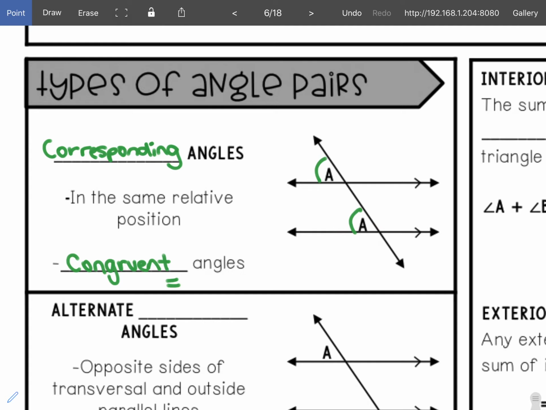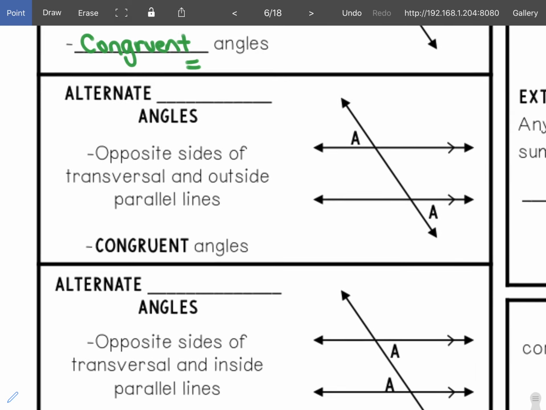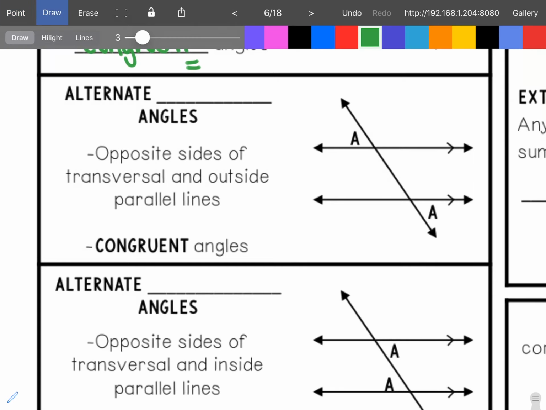Okay, so now let's go down a little bit further. Alternate exterior angles would be like these 2 angles right here. They are on opposite sides of the transversal.